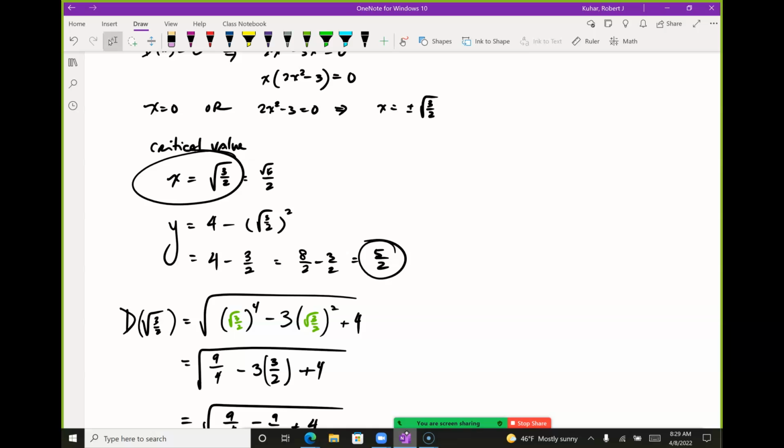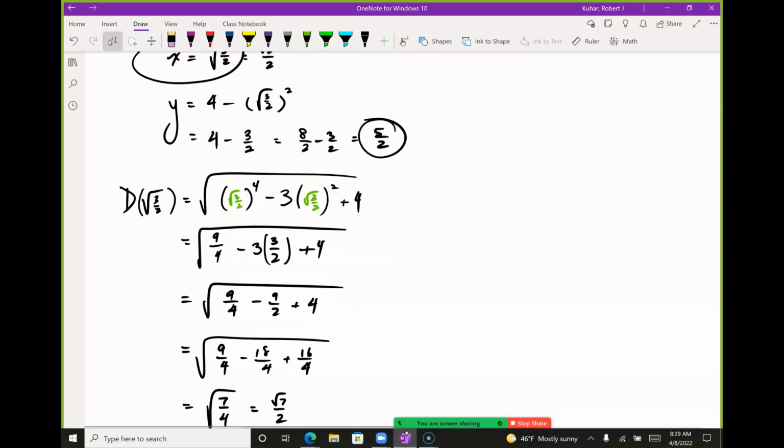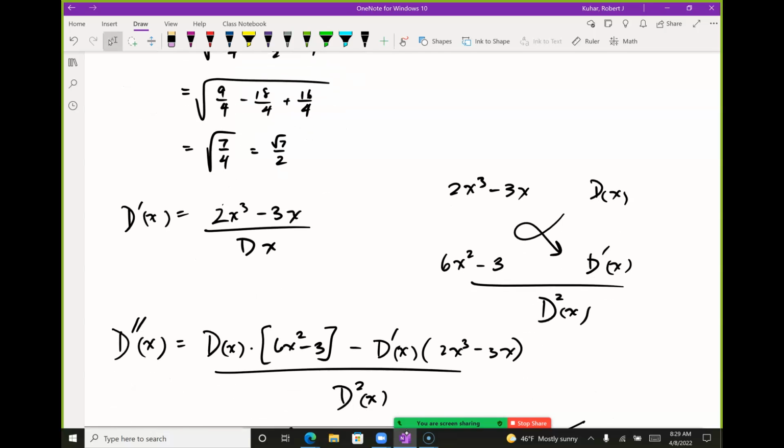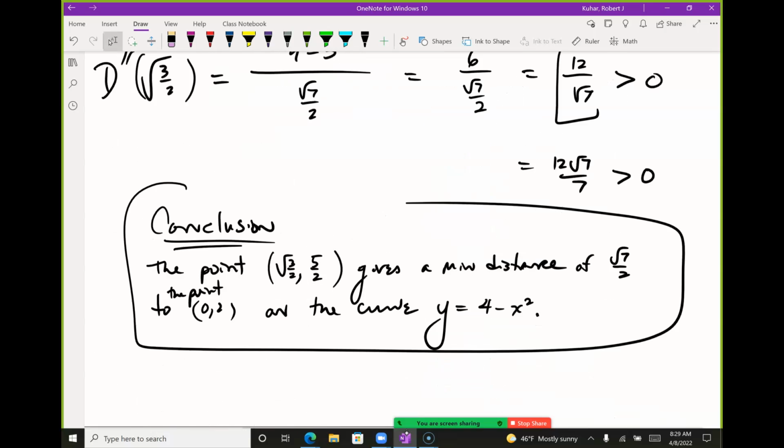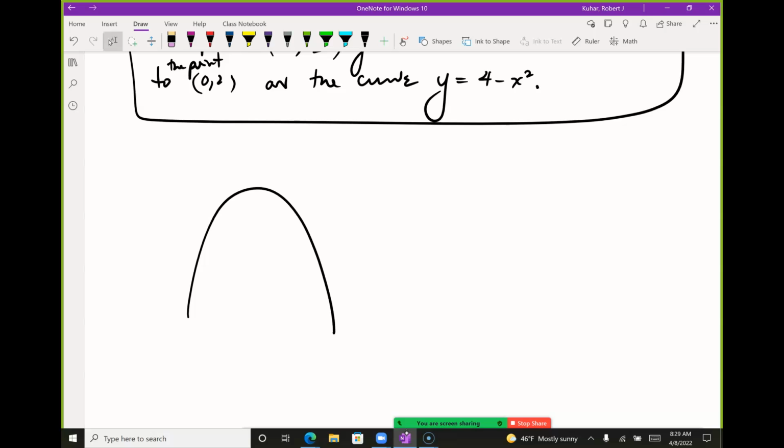Okay. Nice. Good. Also, for the second derivative, if it was negative, does that mean the distance was wrong? Yes, that's a good point. We know the distance can't be maximized. So if I did get a negative out of it, I'm showing that it's a maximum, but we know that can't happen. So that's a nice thing, right?